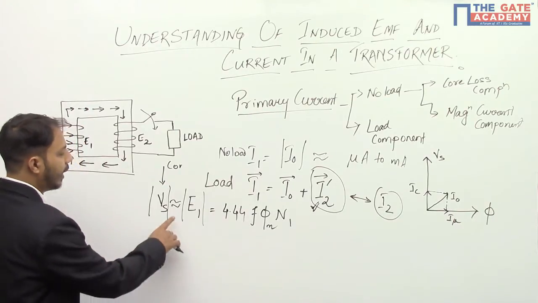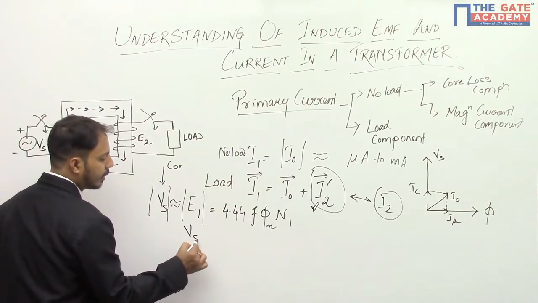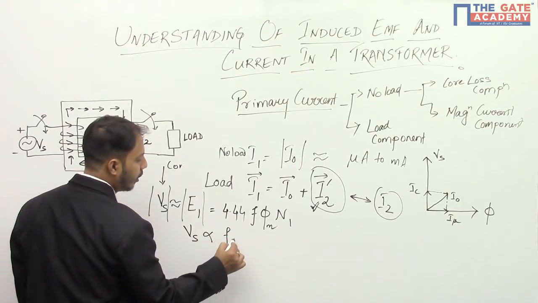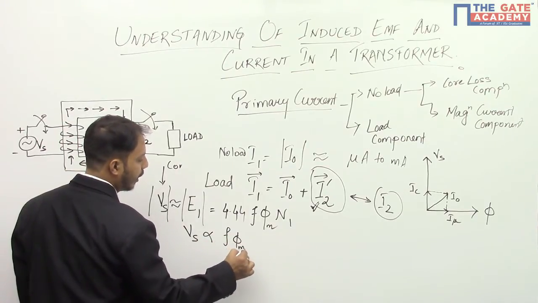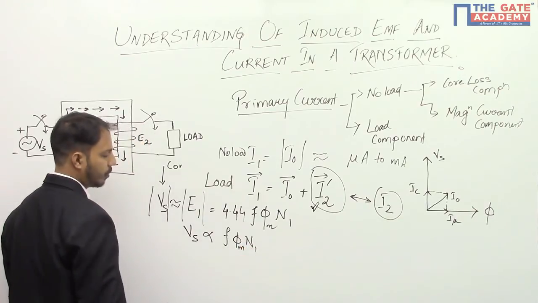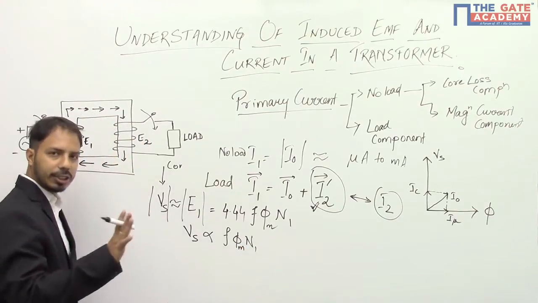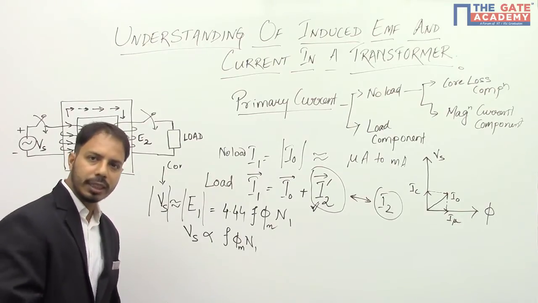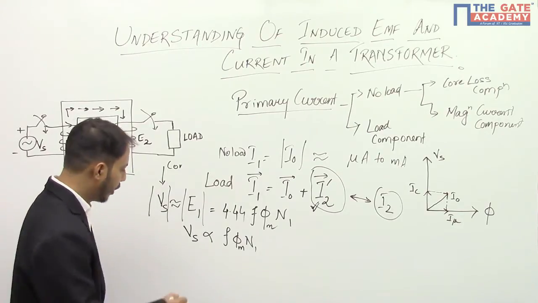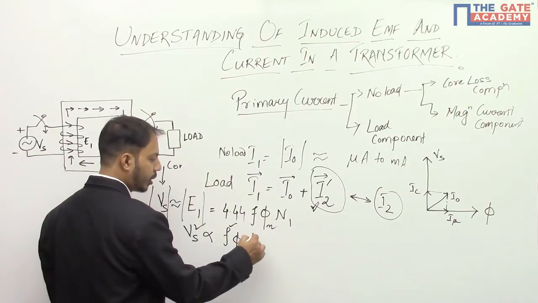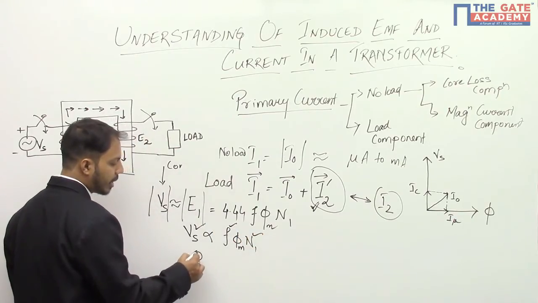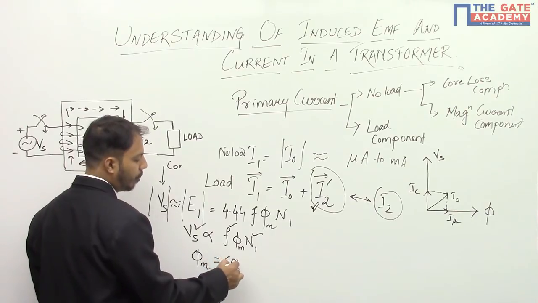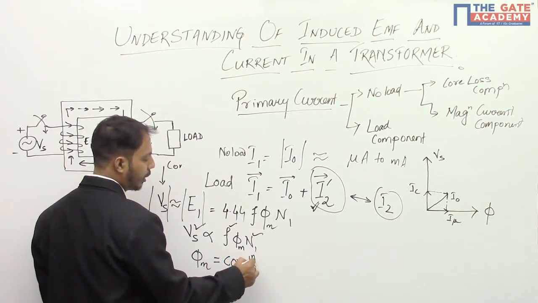Now I can say that Vs is proportional to frequency into flux into number of turns. Now since the number of turns is also constant in the primary, frequency is constant, voltage is constant, so this is constant, this is constant, this is constant. So phi m, I can say, should remain constant.